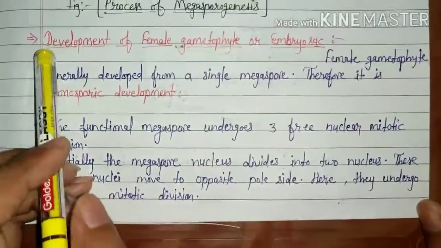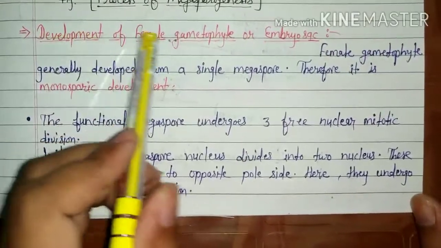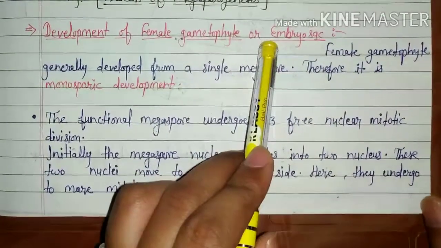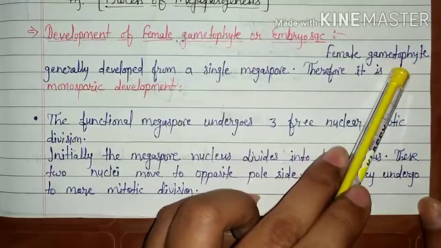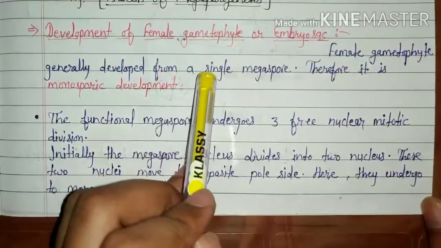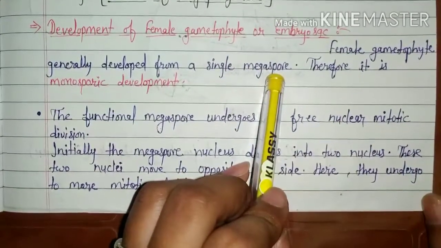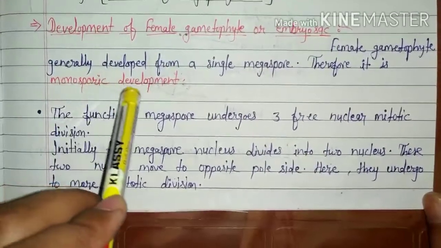Now, we are going to talk about the development of the female gametophyte or embryo sac. The female gametophyte generally develops from a single megaspore which is in functional form. Therefore, it is monosporic development.